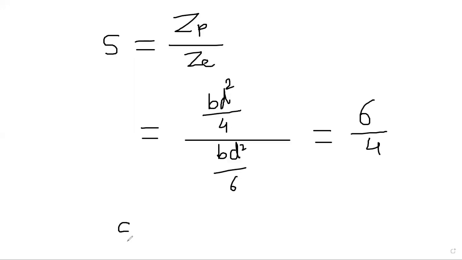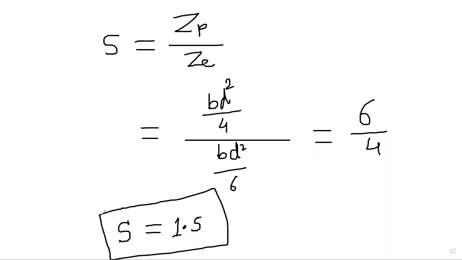So for rectangle section, S is equal to how much? 6 by 4 is equal to 1.5, that is 3 by 2. So shape factor for rectangular section, S is equal to 1.5. All of you done? So shape factor for rectangle section is 1.5.